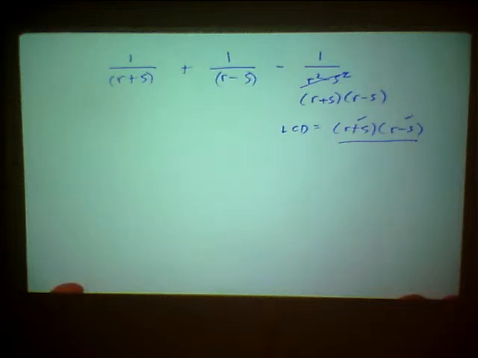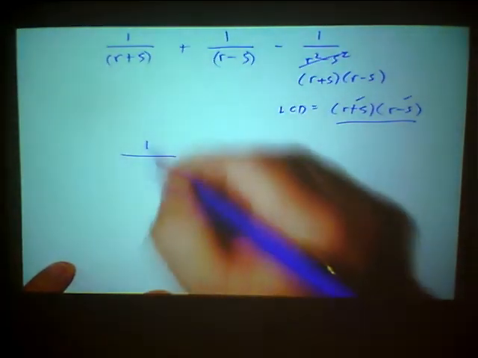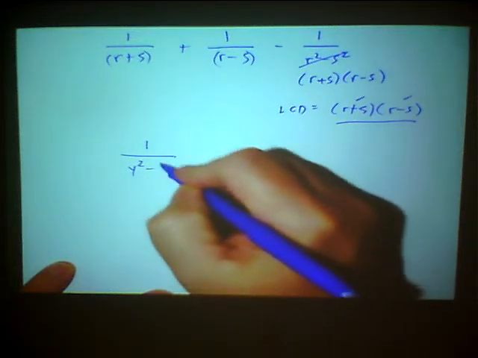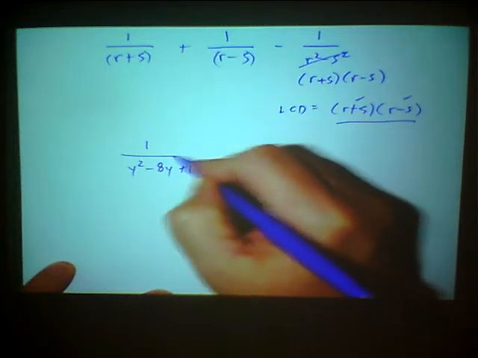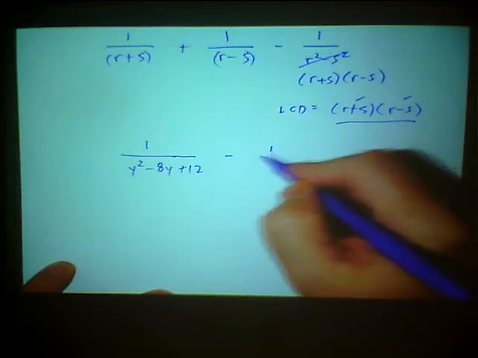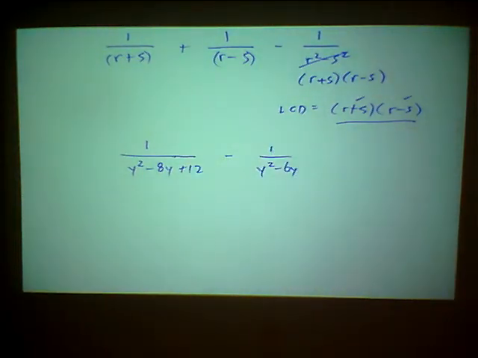And the last one, 1 over y squared minus 8y plus 12 minus 1 over y squared minus 6y. Let's find the LCD.